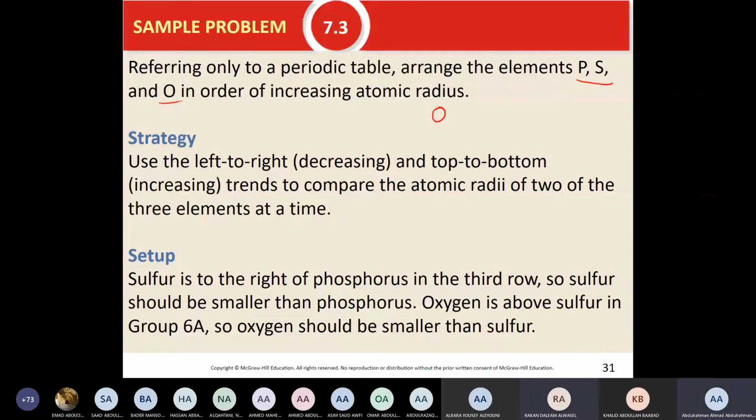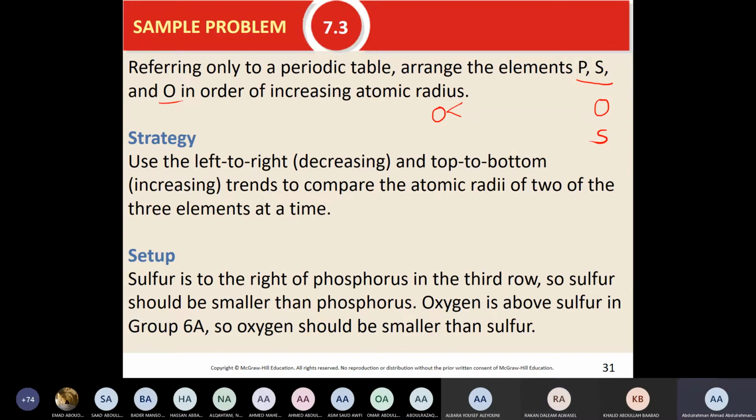No, you can't compare things together. O and S are like this. Which one is bigger? S is bigger.